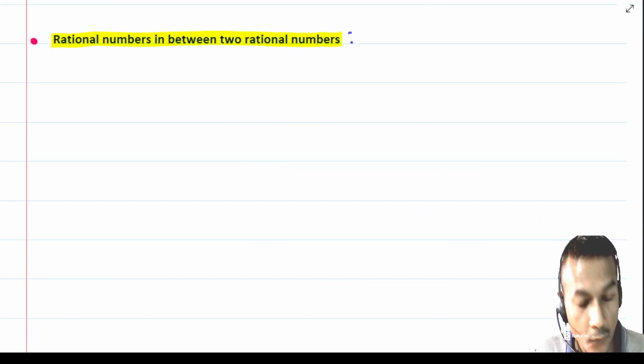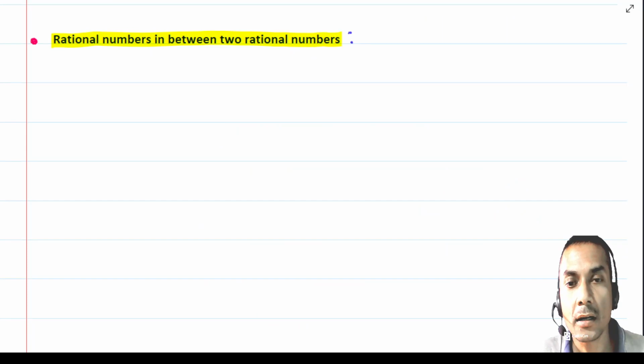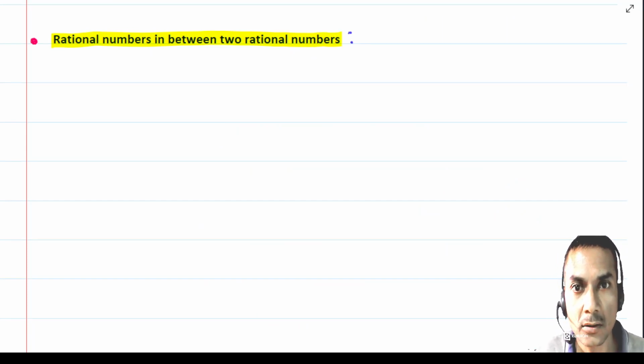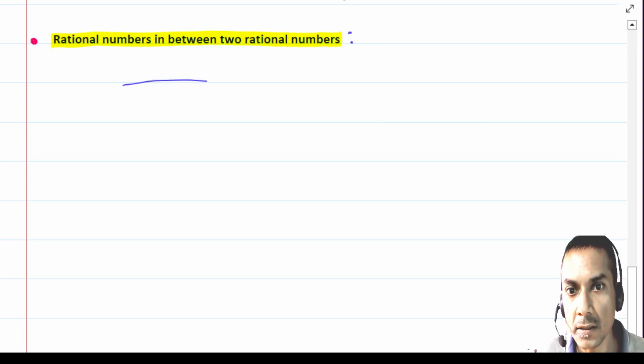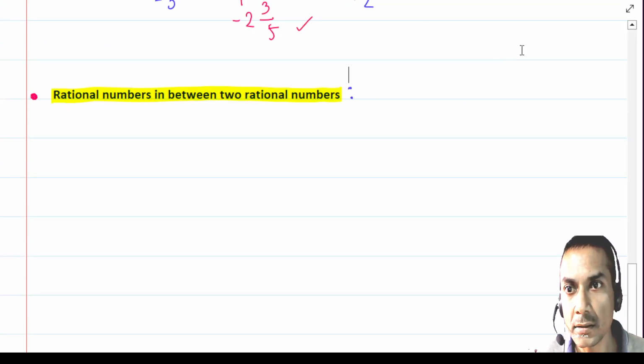Now we find the numbers in between two given rational numbers. Clear? For a small example, let's draw a line.